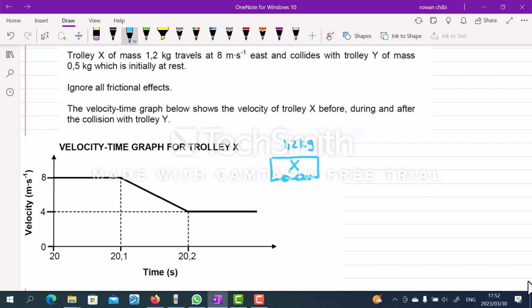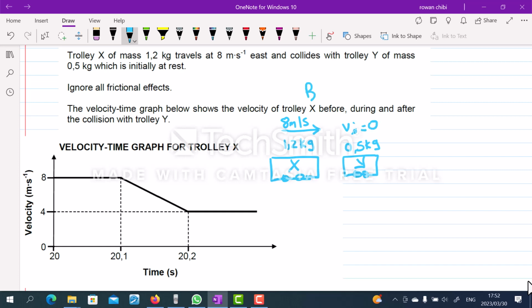And this side is going to the east, and the velocity is 8 meters per second. And then there is another trolley, which is trolley Y. This is trolley Y, which is 0.5 kg. And they said this one is stationary, which means the velocity is 0.